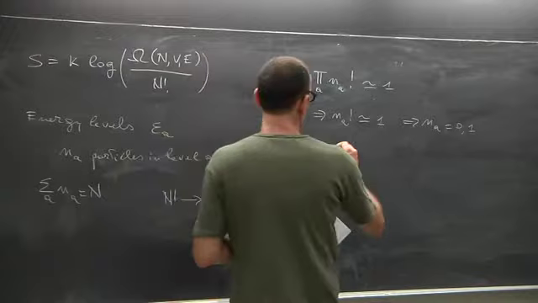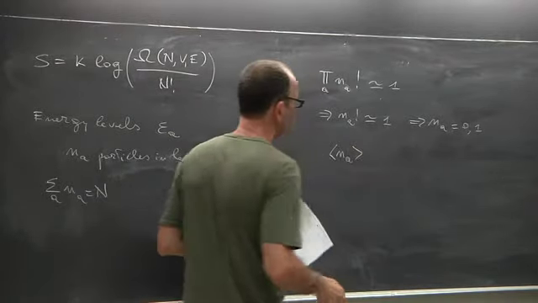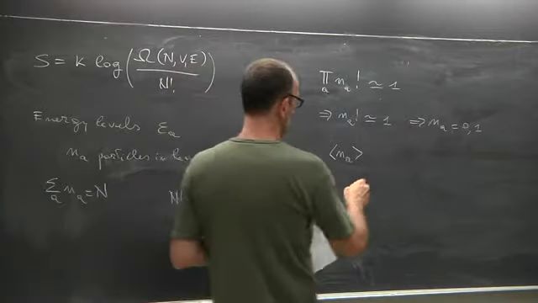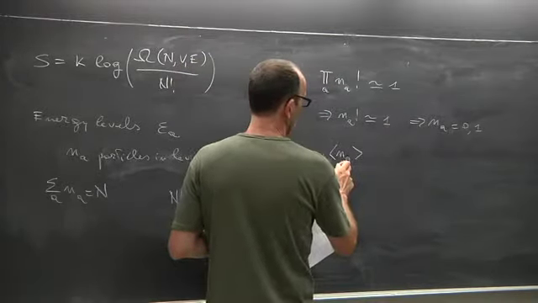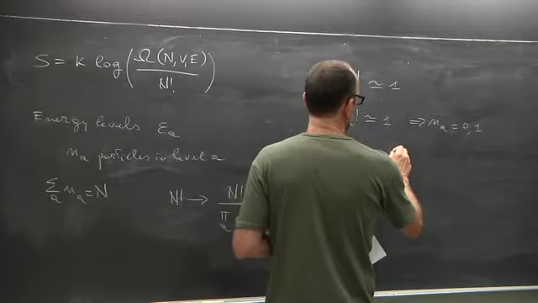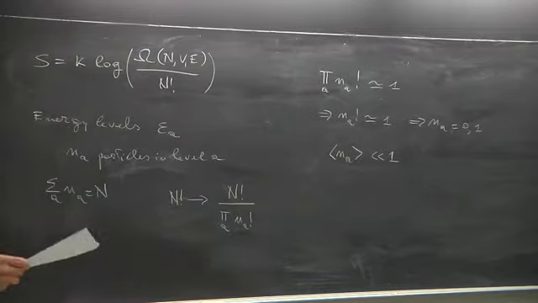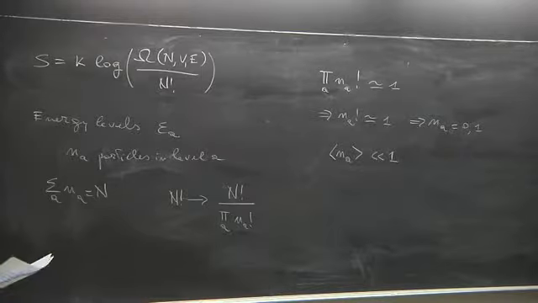And this will occur when the expected number of particles in each state is much less than 1. So when does this occur in an ideal gas?